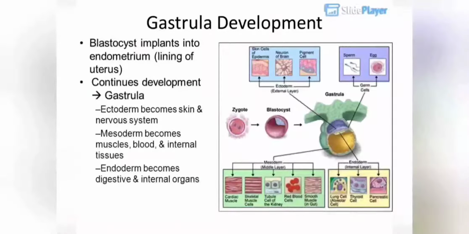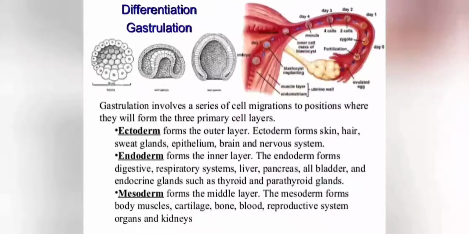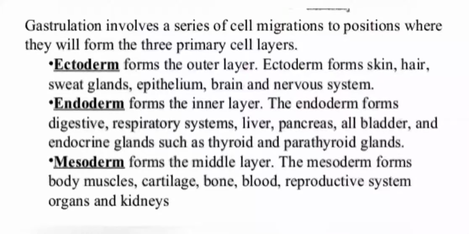Now, in embryo development, there is a stage called the gastrula stage. Gastrula means differentiation of the germinal layers into 3 parts. What are the 3 parts? Ectoderm, the outermost layer, which forms skin, hair, sweat glands, and the nervous system.